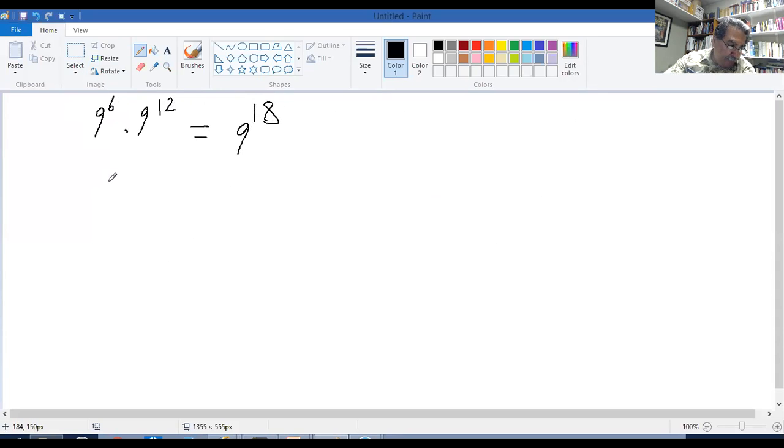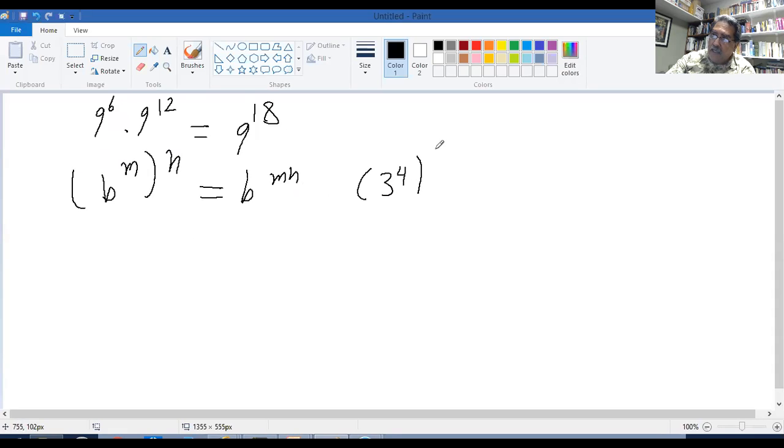If you have a number b to the power of m, and then parentheses to the power of n, this is the same as b to the power of mn. For example, if I have 3 to the power of 4 in parentheses, then to the power of 5, this is the same as 3 to the power of 4 times 5, or 3 to the power of 20.